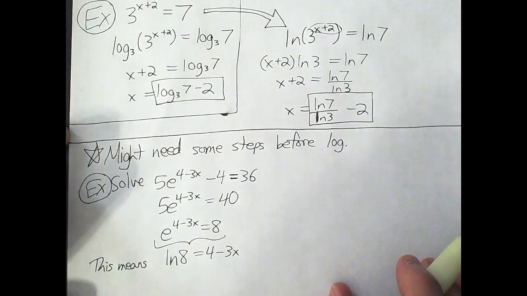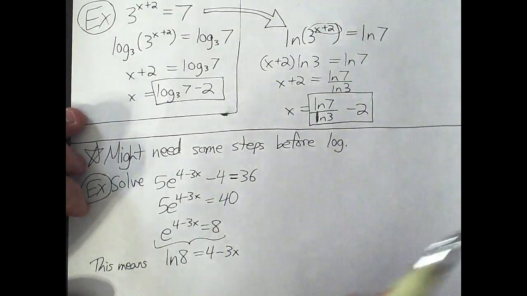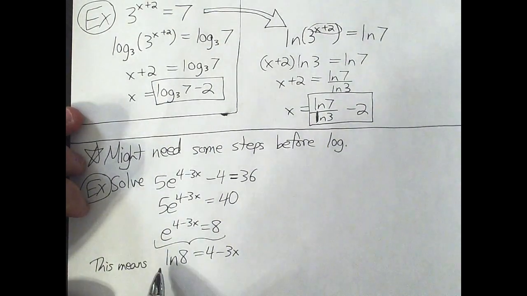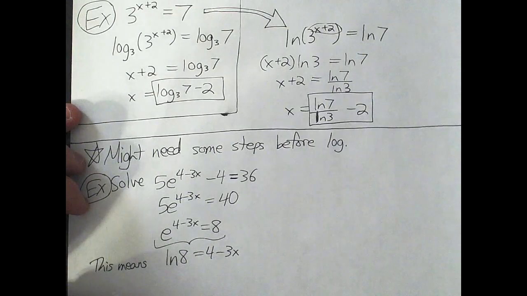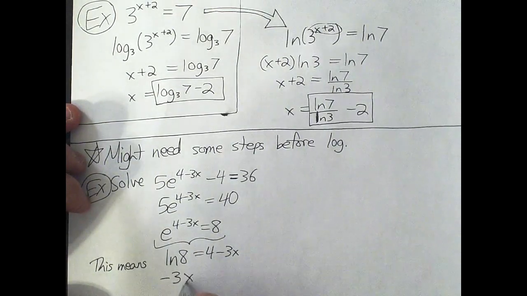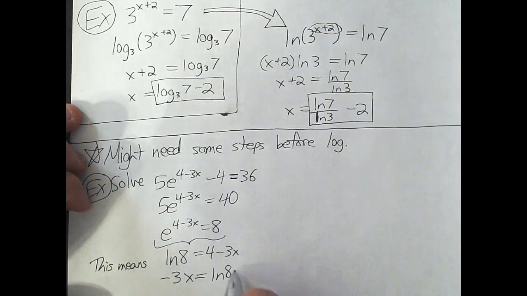From here, we can definitely solve for x, right? Now it's just a matter of algebra. ln 8 is just a number, 4 is just a number. We need to get x by itself. So let's rearrange. Let's get minus 3x equals ln 8 minus 4, and then x equals negative 1/3 times ln 8 minus 4.